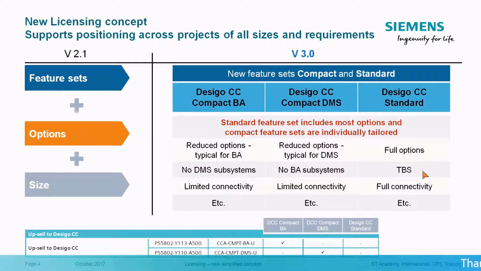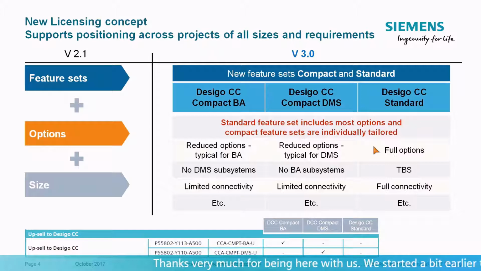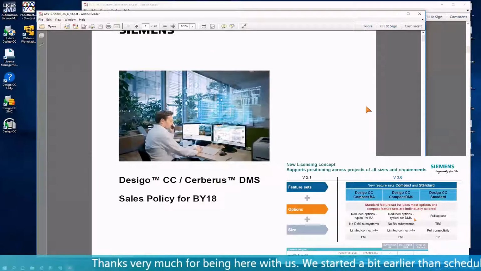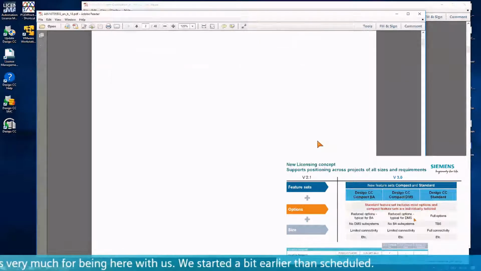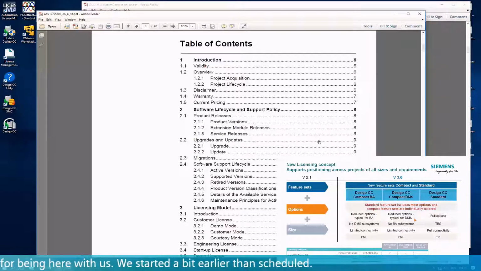Okay, let's have a look. I'm now switching to the other screen. And here, as I told you already, this is the sales policy for business year 18, and I'm showing you information out of the sales policy.